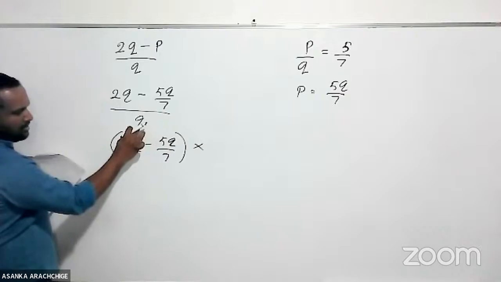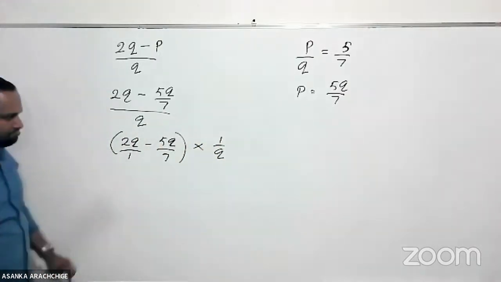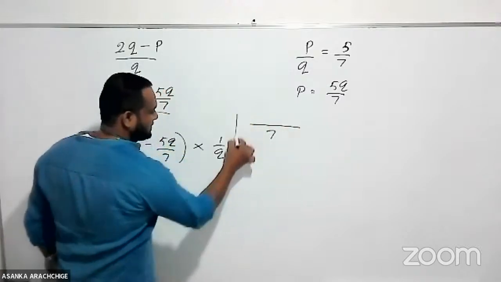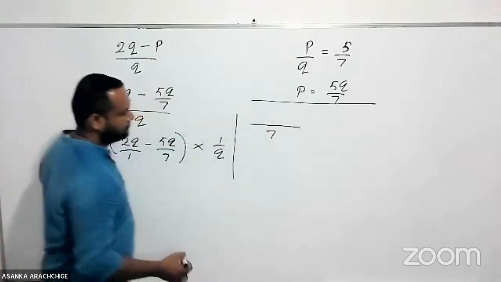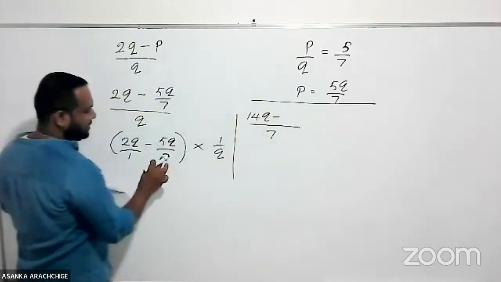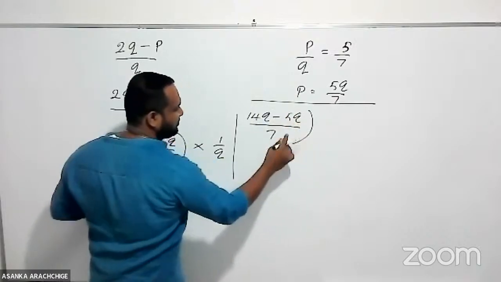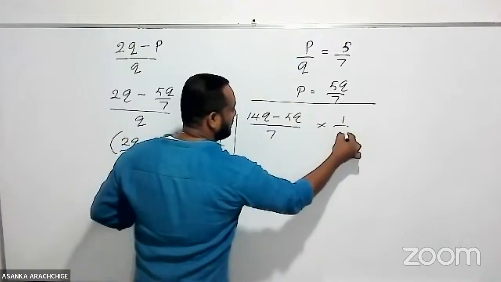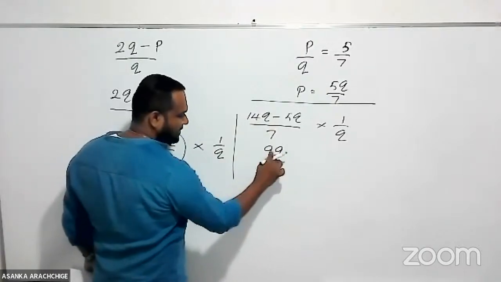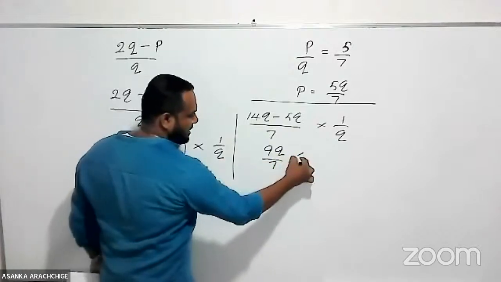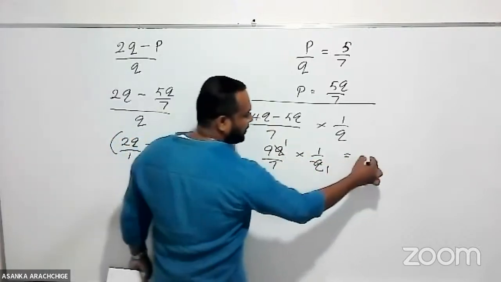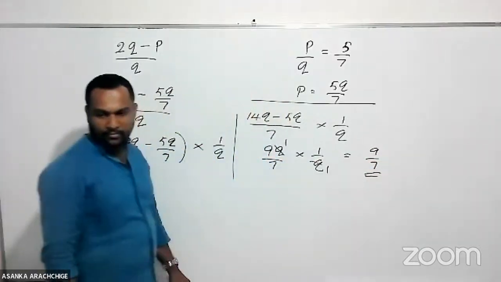Division into multiplication, the reciprocal is 1 upon Q. For 1 and 7, the LCM is 7. 7 times 2 is 14Q, minus 5Q, multiplied by 1 upon Q. 14 minus 5 is 9Q upon 7, times 1 upon Q. Q and Q can be cancelled. Answer: 9 upon 7. Got it?